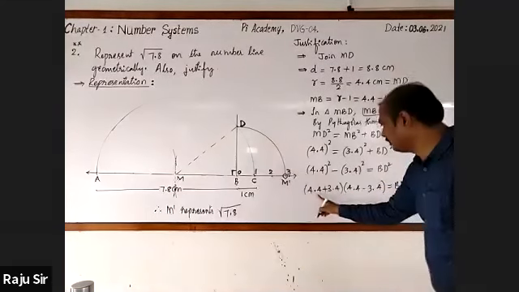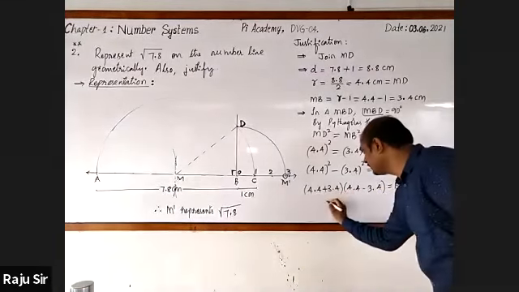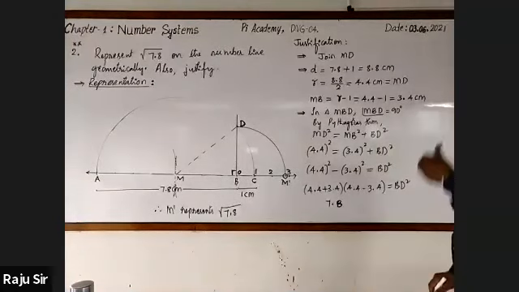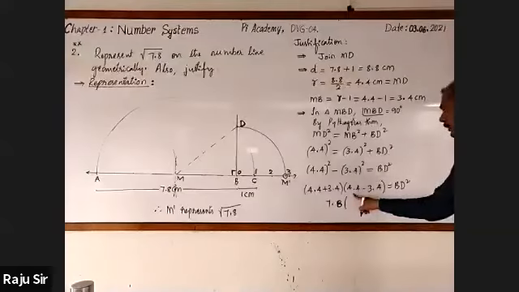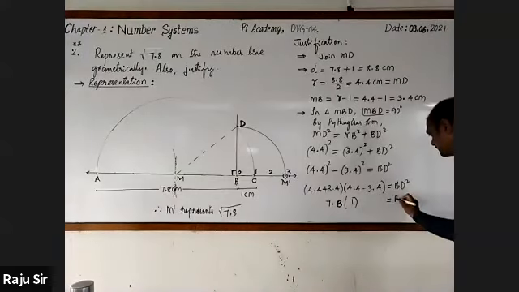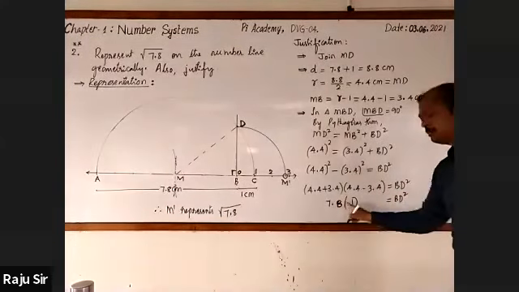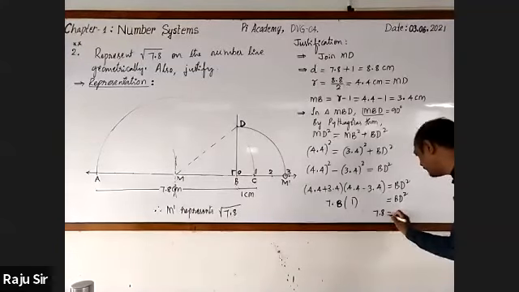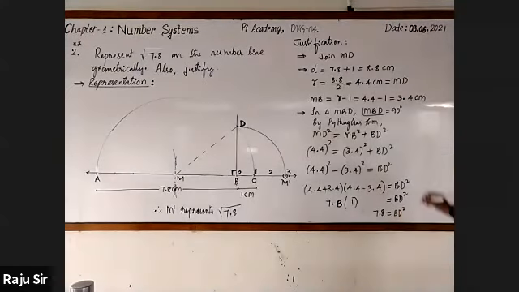Now go for adding. 4.4 plus 3.4 is 7.8. Into 4.4 minus 3.4, which is 1. That is equal to BD square. Now 7.8 ones are 7.8, which is equal to BD square.